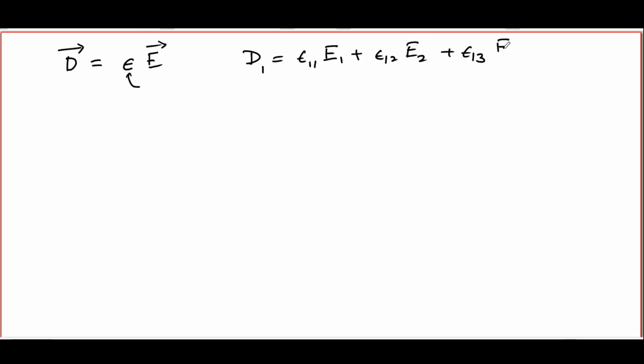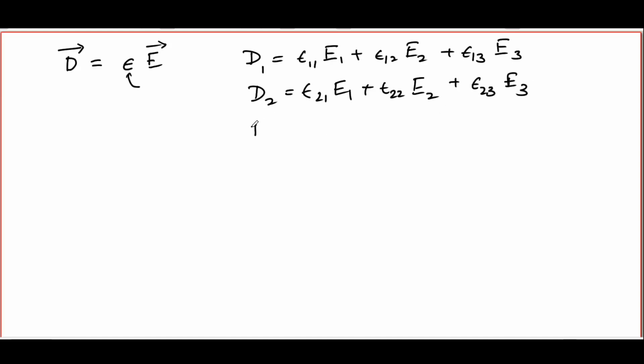The similarity between this one and the relationship between angular momentum and angular velocity is not accidental. They are basically the same kind of objects at play here. D and E are vectors, and this epsilon, which now has 9 components, is really a second rank tensor.